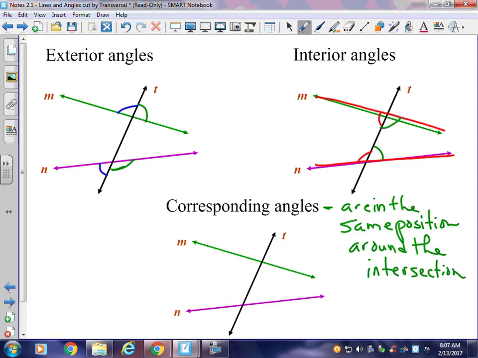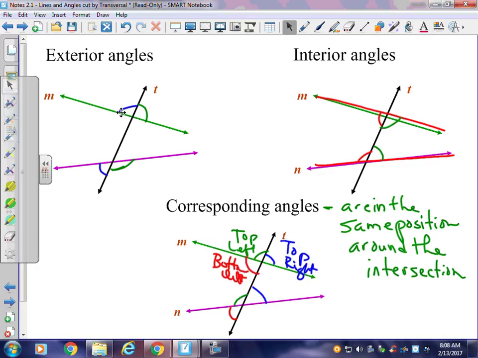For example, if I talk about the top left position at this intersection, then I would compare it to the top left at the bottom intersection. If I'm talking about the top right on this position, then I would be talking about the top right at the other position. If I want to talk about this bottom left position at the top one, then I'd be talking about the bottom left down here.